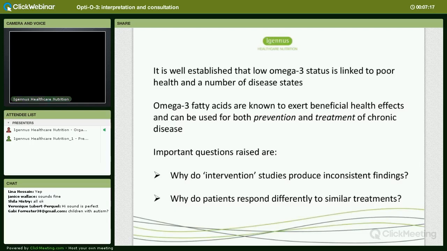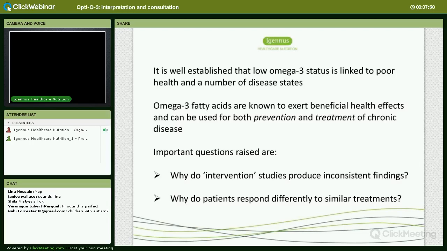And in fact, if you look on science databases such as PubMed, you will find thousands upon thousands of published dietary intervention studies that have used omega-3 fatty acids, some successfully, but quite often we find that intervention studies produce inconsistent findings. There's a need for clarity as to why some of these studies are producing either negative or neutral findings.